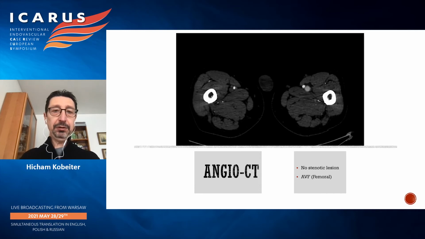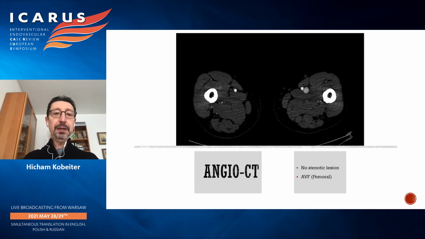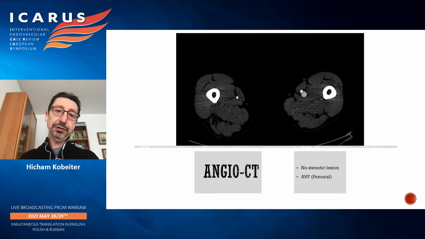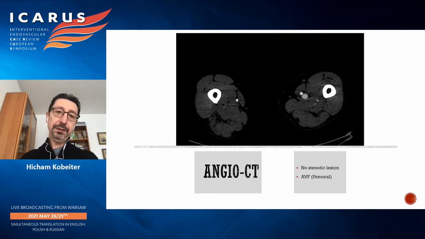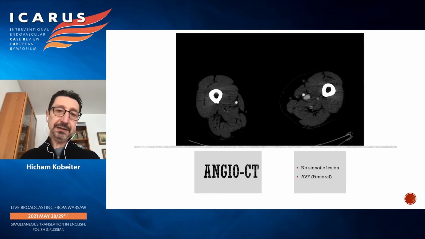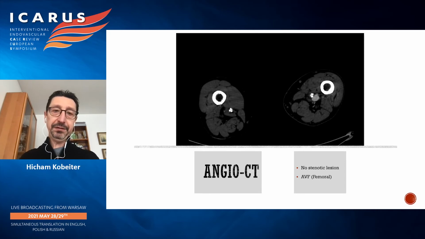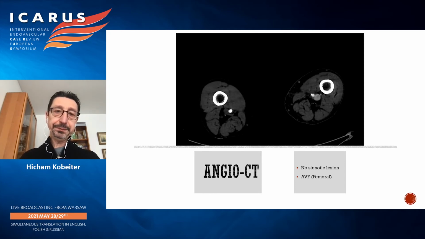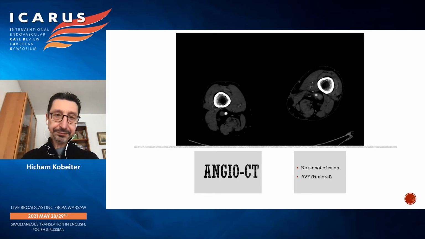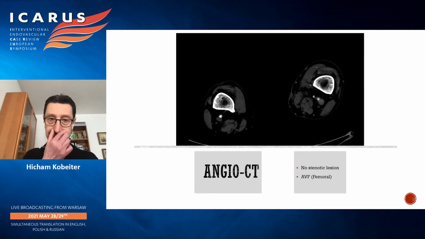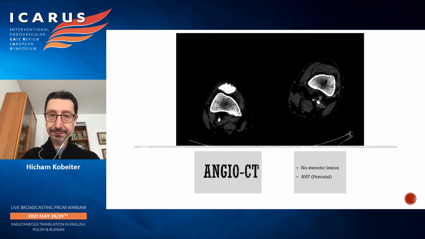See, we have an early opacification of the vein, of the superficial femoral vein, which made us suspect a communication, an AV fistula. That was the cause of the non-healing of this critical limb ischemia.